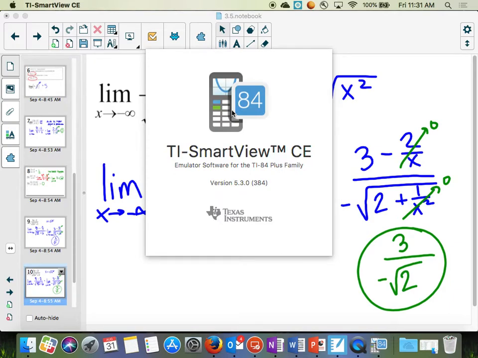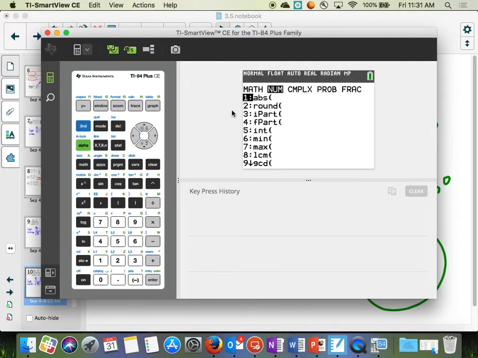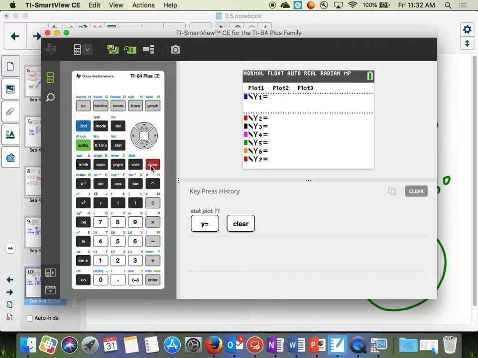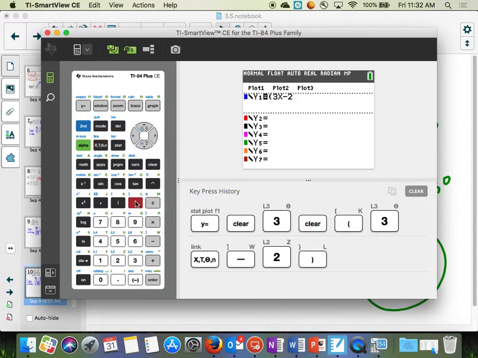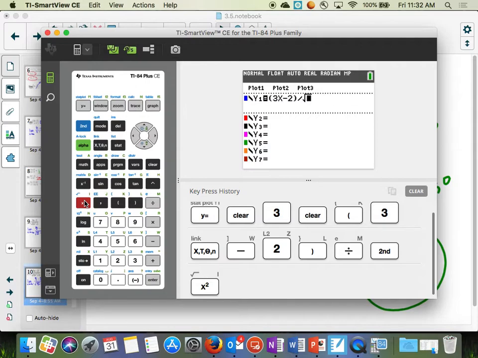Okay, so help me out. We have 3x minus 2, and then we're dividing by the square root of, is it 2x squared? Yeah. Plus 1.